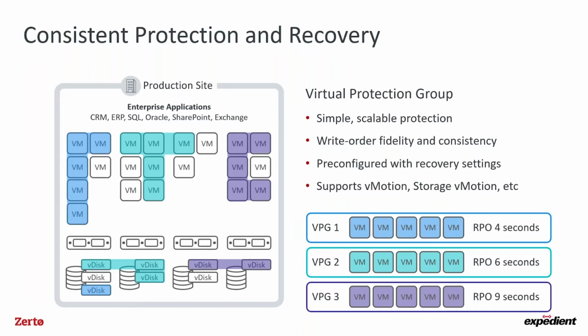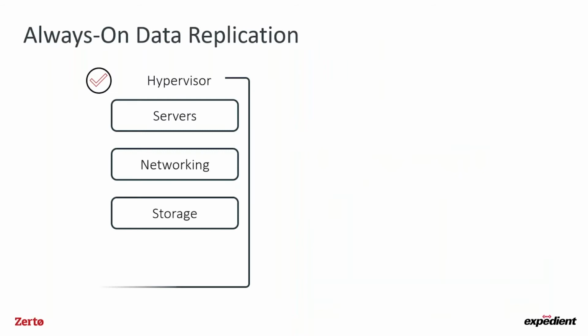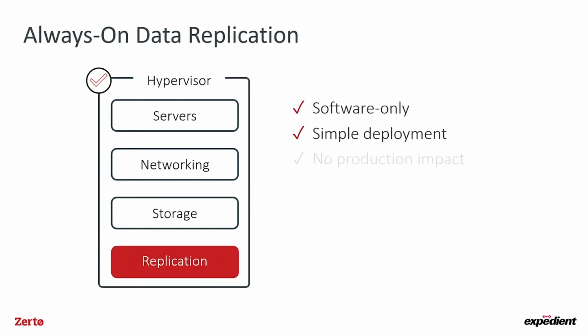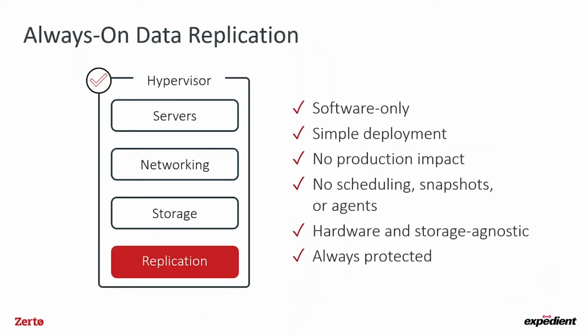Besides that, anything you're used to in your VMware or Hyper-V environment will still work. Things like vMotion, Storage vMotion, DRS, Storage DRS, you name it, it's all supported because we're so deeply integrated into that virtualization platform. And that's exactly what we are. We're really deeply integrated into that virtualization platform because the way we replicate is hypervisor-based. And we've seen this trend going on for many, many years already. We've got servers being virtualized.